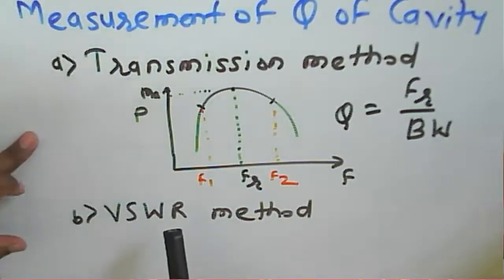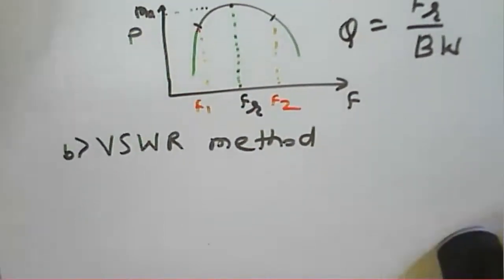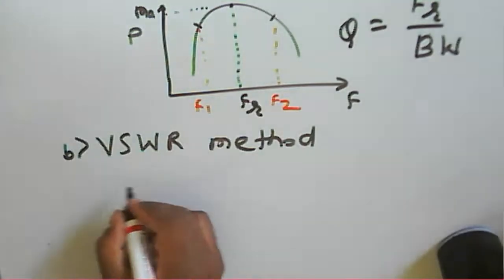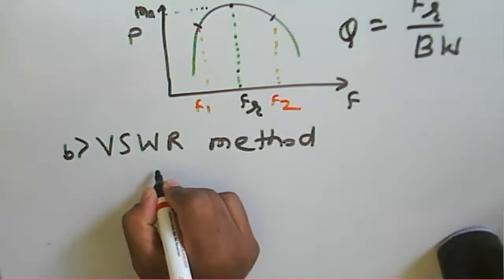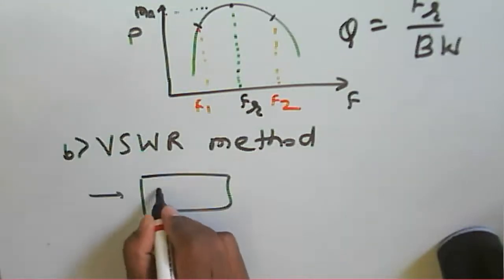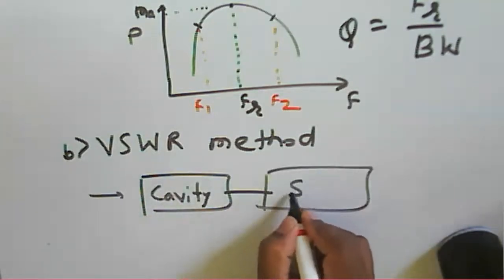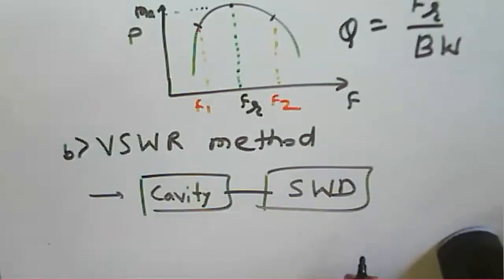In the VSWR method, the slotted section is connected to the VSWR meter. We need to measure the VSWR of the signal. We have the cavity, and whatever the setup we consider, the cavity is connected to the slotted section with probe carriage or a standing wave detector.